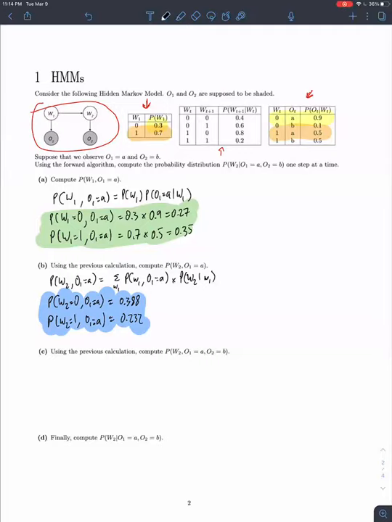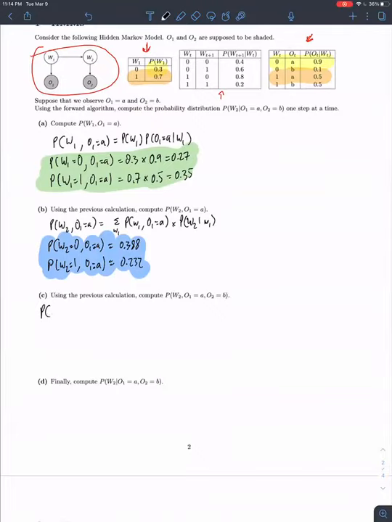Well, probability of W2 and O1 is A and O2 is B is equal to probability of W2 and O1 equals A times probability that O2 equals B given W2 and O1 equals A. So this is just true by the definition of conditional probability, where we're conditioning on W2 and O1 is A.